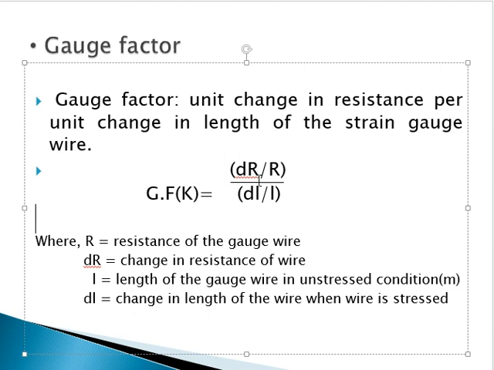So that is K = (dR/R) / (dL/L), where R is the resistance of the gauge wire, so dR is the change in resistance of the wire with respect to the original resistance without stretching. L is the length of the gauge wire in unstretched condition in meters, and dL is the change in length of the wire when the wire is stretched. So this gauge factor decides the sensitivity, or we can say the performance, of that respective strain gauge.